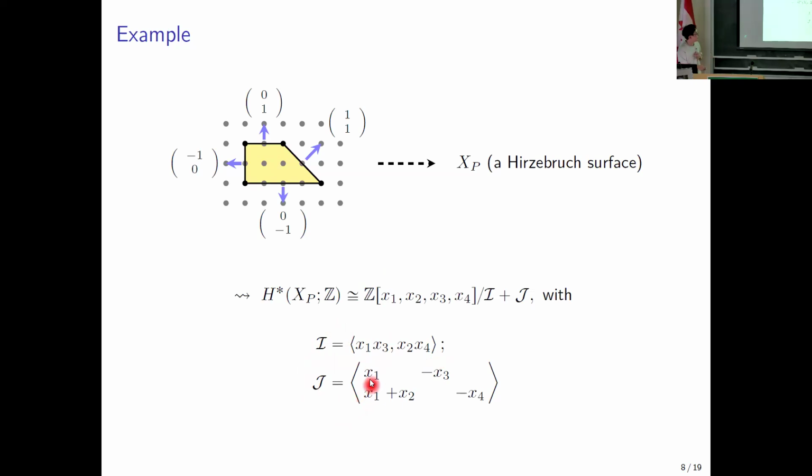And the second ideal has information about the (1,1), (0,1), (-1,0) and (0,-1), right? So this is how we see the geometry of the polytope from the cohomology. All right, do you have any questions so far? Okay.